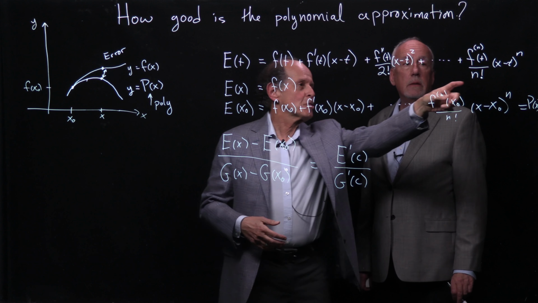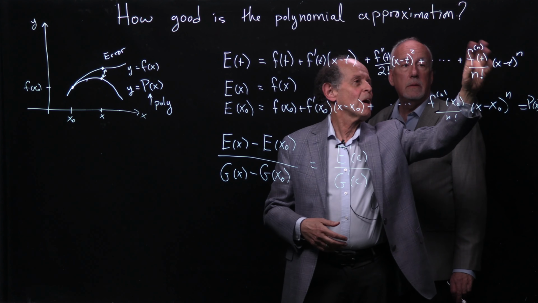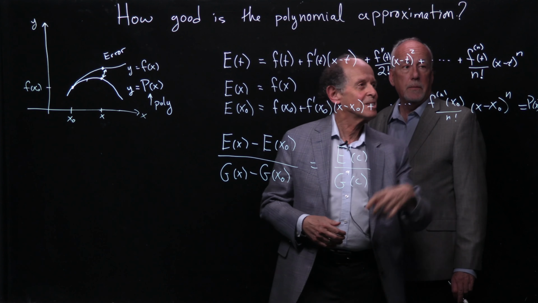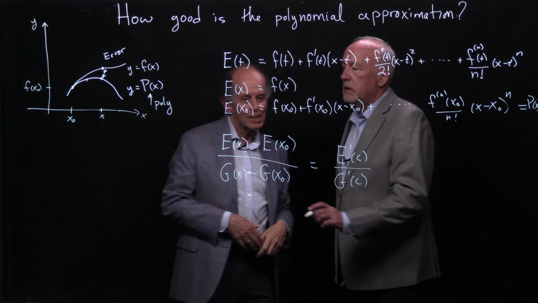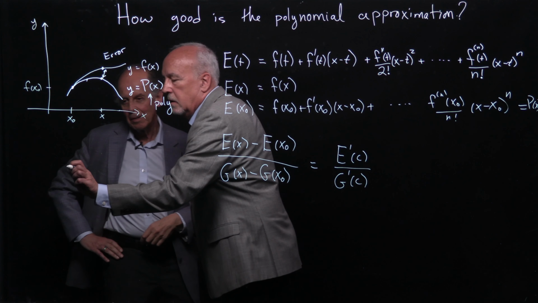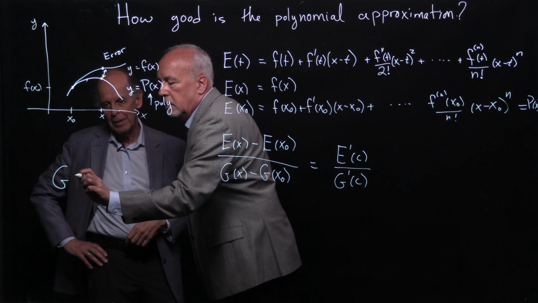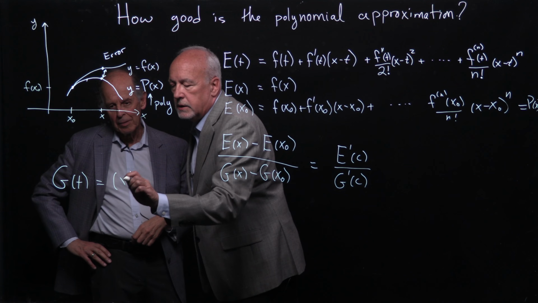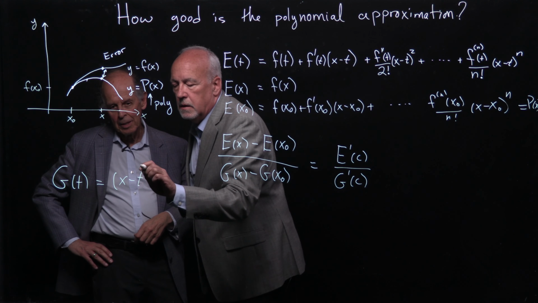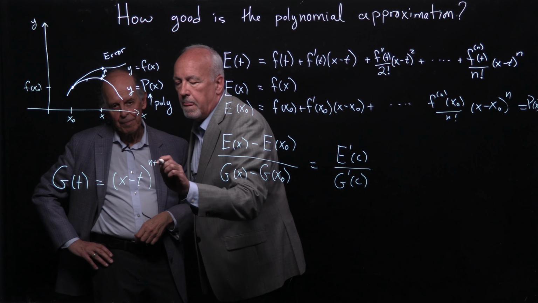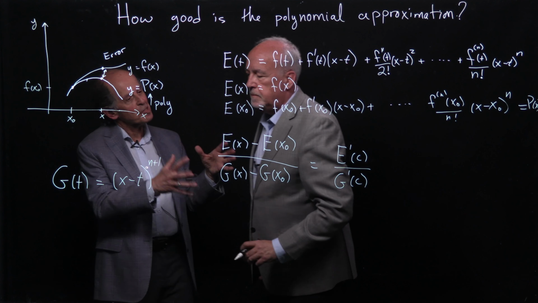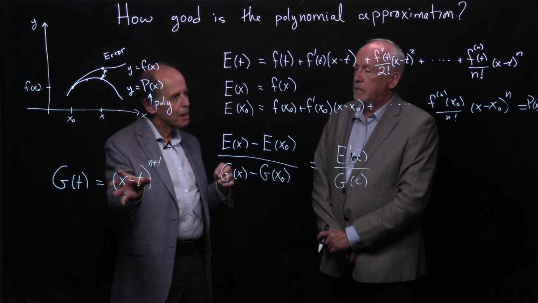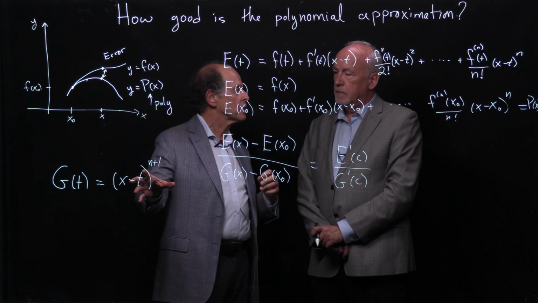The next higher order will be some constant times x minus t to the n plus 1. Well, that's a good intuition. So let's write that out. g of t is equal to x minus t to the n plus 1. And what that's saying is that it encapsulates the error, the part we neglected.